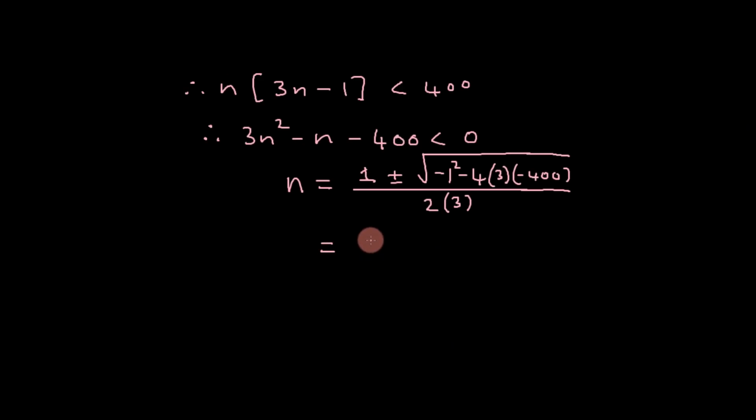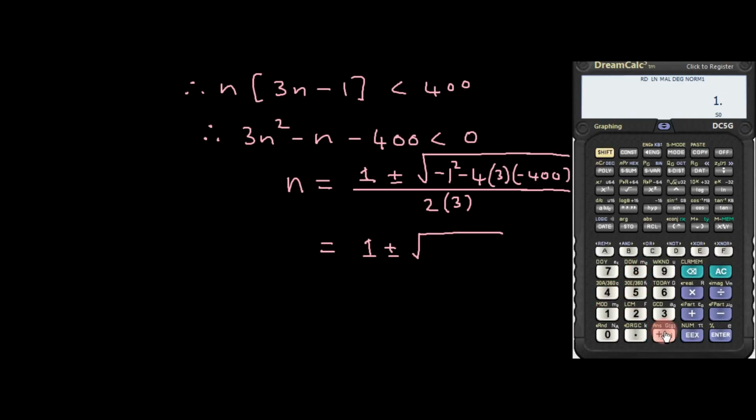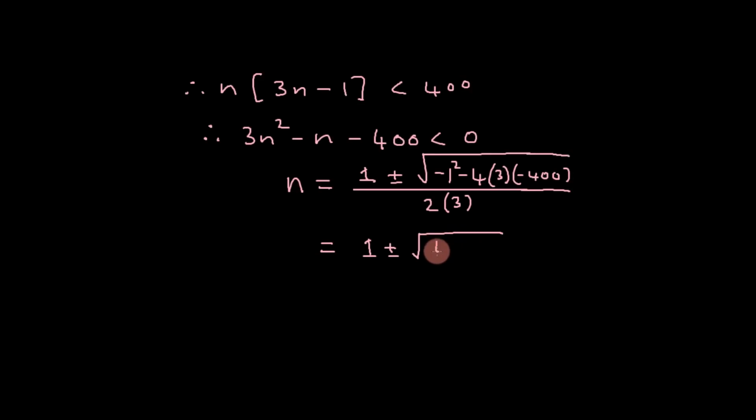And we can first work out under the square root what it comes to. And it's 4,801 under the square root. This, of course, is all over 6. So all divided by 6.